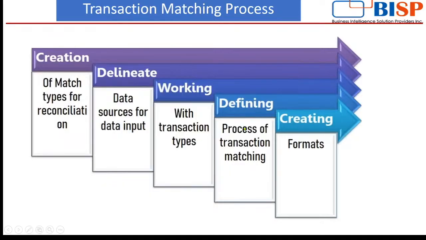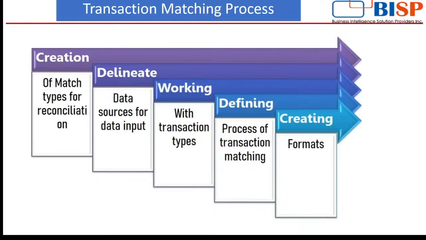Then we have defining the process of transaction matching. Under this, you define certain rules of how transactions should be matched. I will show you those rules later. It might be one-to-one matching, one-to-many matching, many-to-one, match with certain tolerance, match with adjustment.